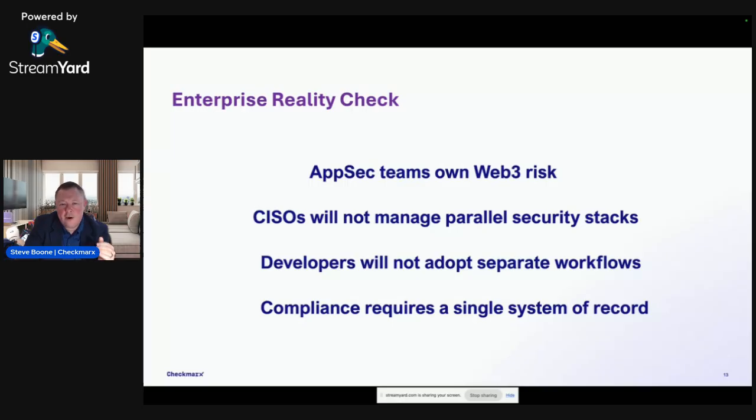And from an enterprise perspective, CISOs and developers are not going to manage parallel security stacks. So we have to find a way, again, to consolidate, to keep people in their flow, and to give them that single unified pane of glass where they can look for their results, right? Whatever Web3 security looks like, it has to plug and play into enterprise AppSec controls.